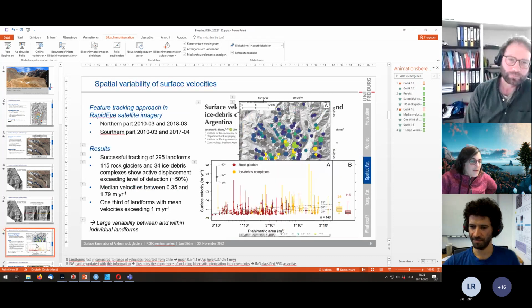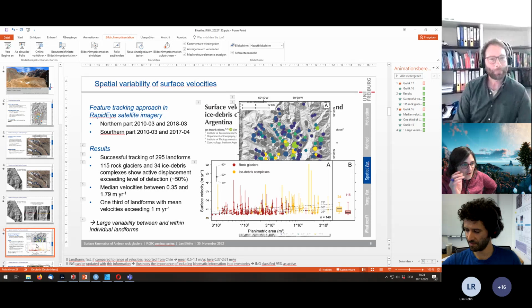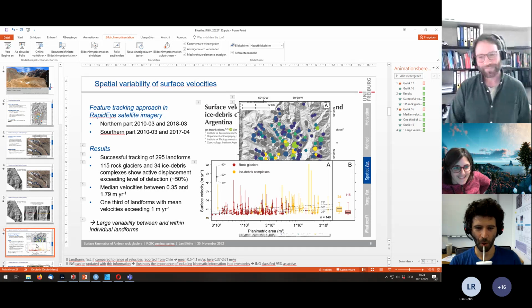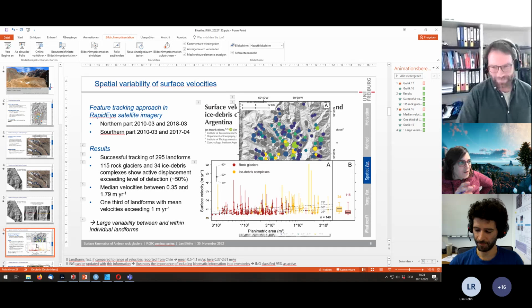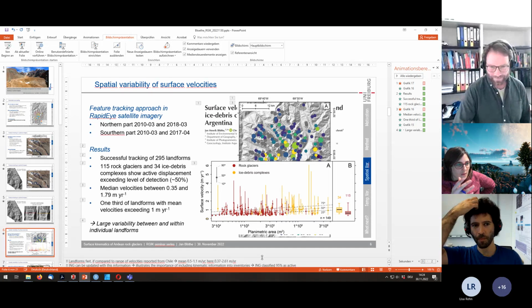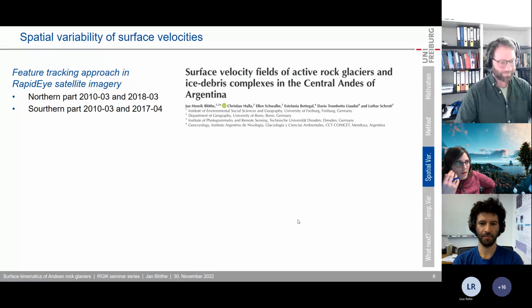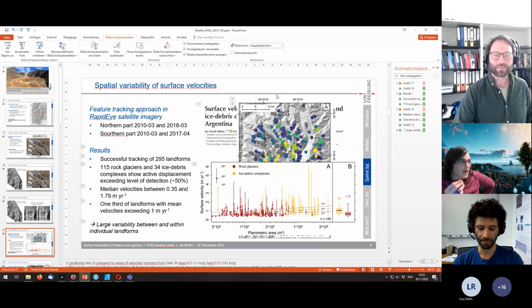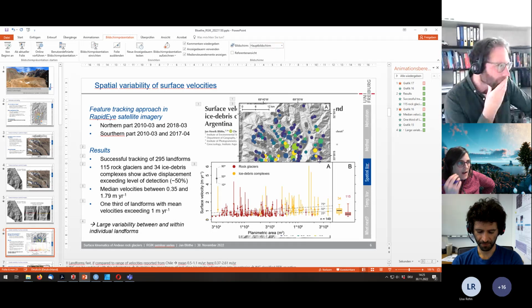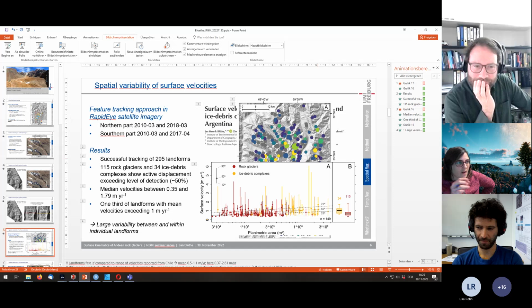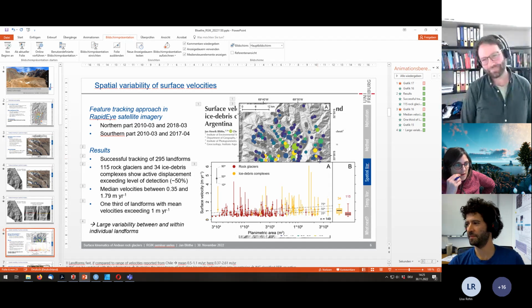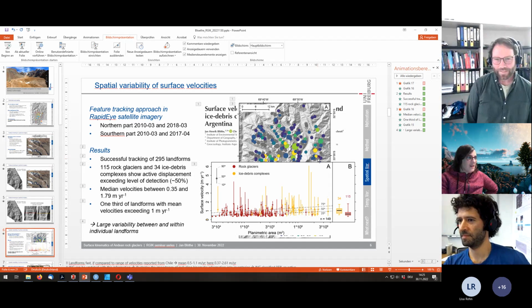My question is a bit because we had some discussion last week with several people that are attending now regarding how to use kinematics or velocity to give information about the activity. So I was wondering if you use your velocity information to update or refine the activity assessment of the landforms. And if you did that, how did you deal with the fact that 50% of your landforms are under the detection limit?